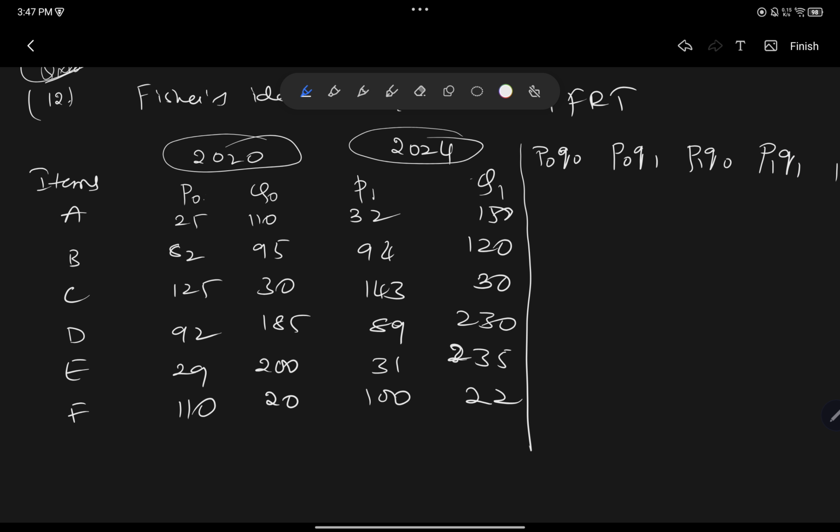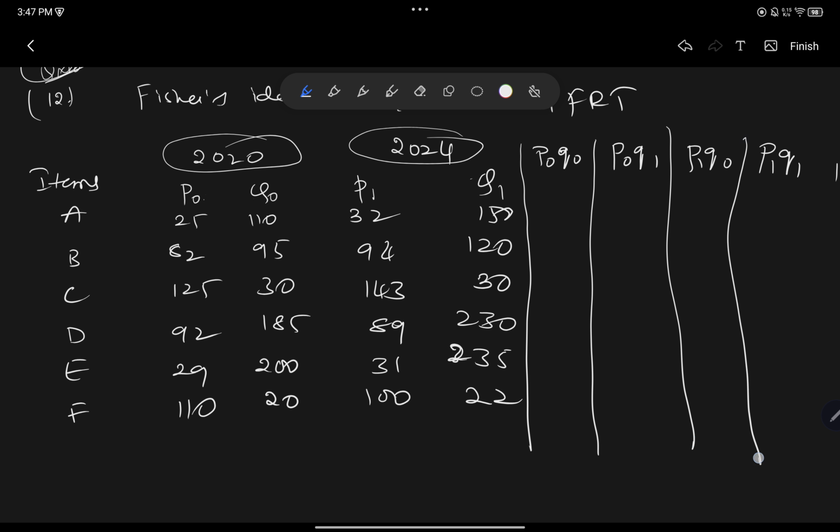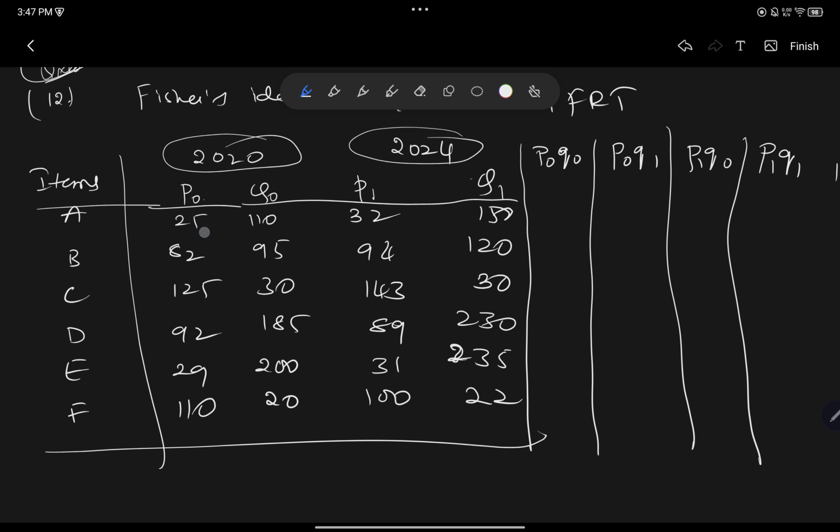So 4 columns. Now what we need to do is take P0 and multiply with Q0. This is 25 into 110.